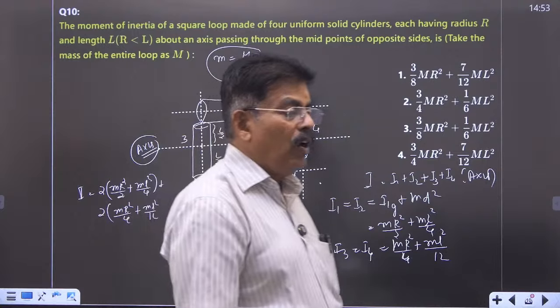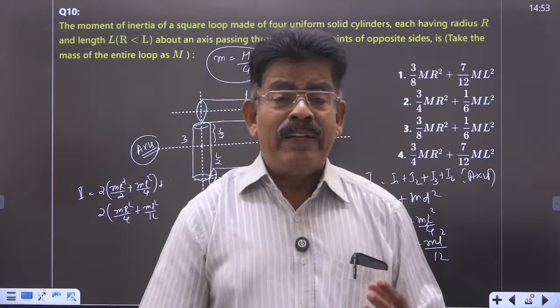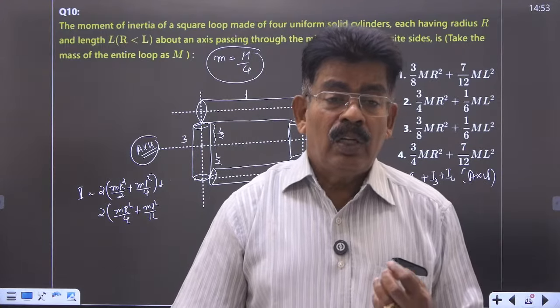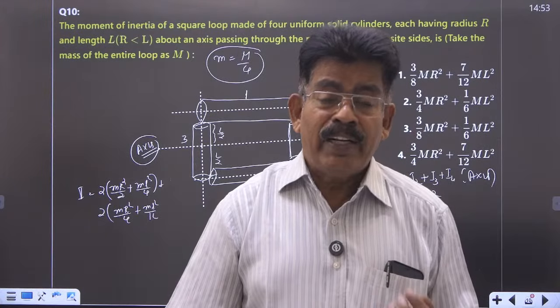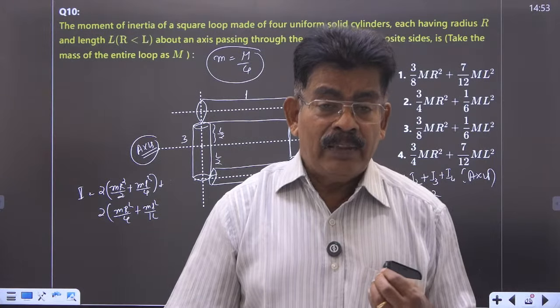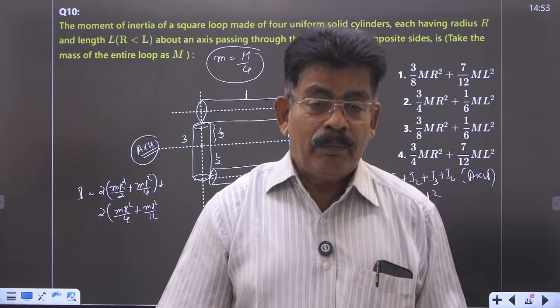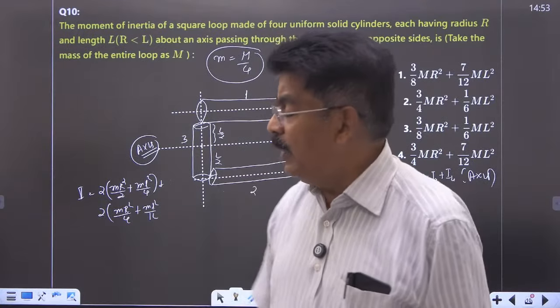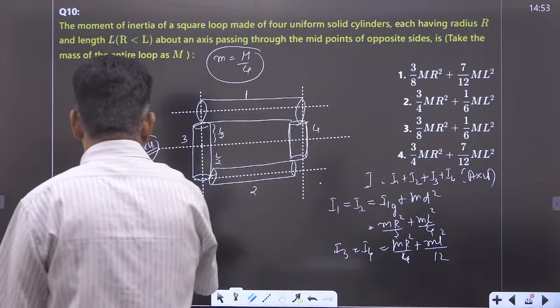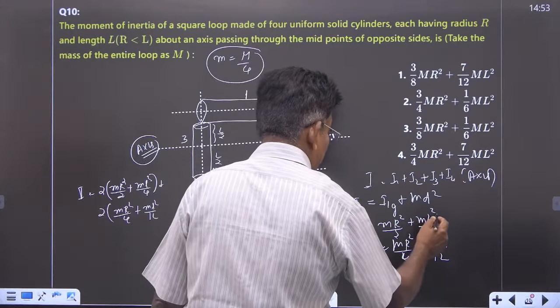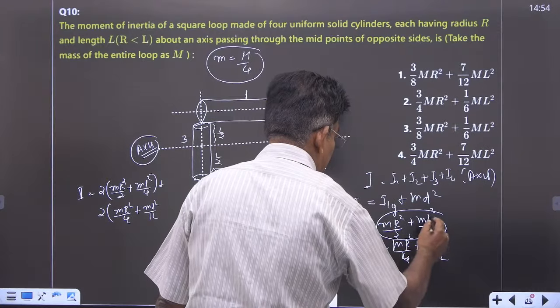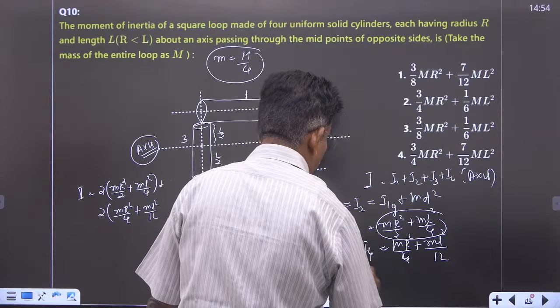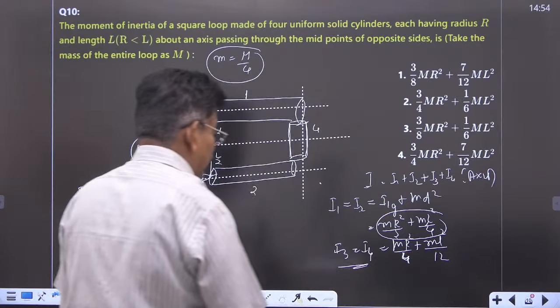Why am I multiplying by 2? I1 and I2 are equal, so we have to double it. I3 and I4 are similar, so I have to double it. So it will be 2 into I1's, M R squared by 2 plus M L squared by 4, and this is I3 and I4, M R squared by 4 plus M L squared by 12.